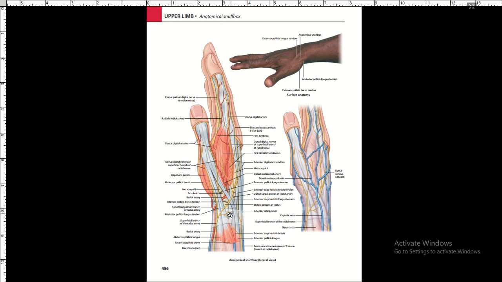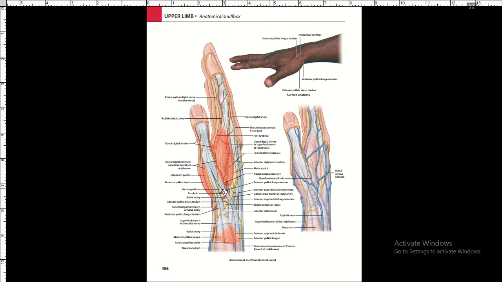Done with the borders. Let's go to the floor. What do you appreciate in the floor? Remember, in the floor we are going to have the lateral proximal and distal carpal bones. The most lateral proximal is going to be your scaphoid, right here. And the most lateral distal is going to be your trapezium.